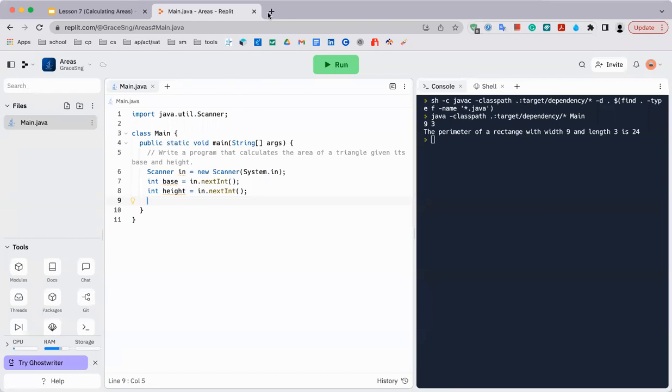So now let's review the triangle area formula for anybody who does not know it. So let's say we have some random triangle that's looking like this.